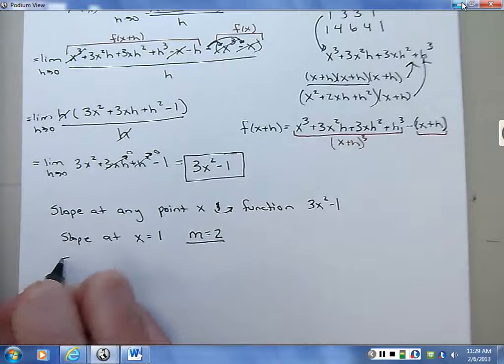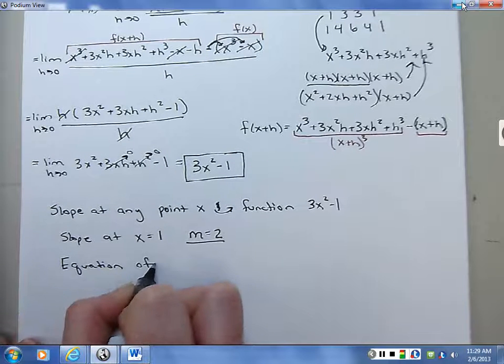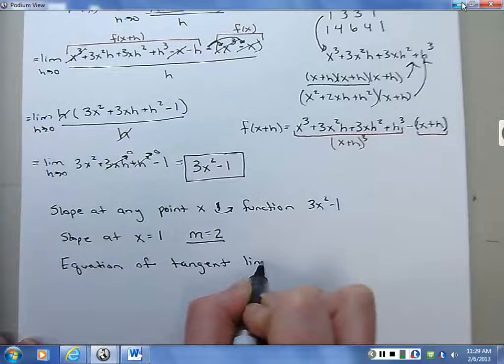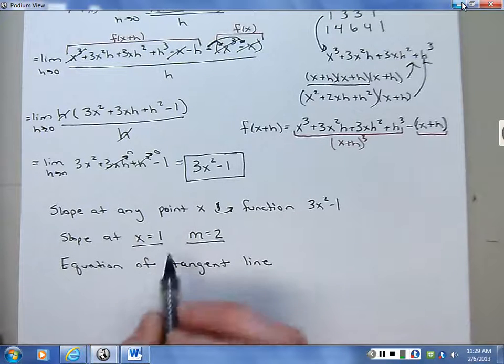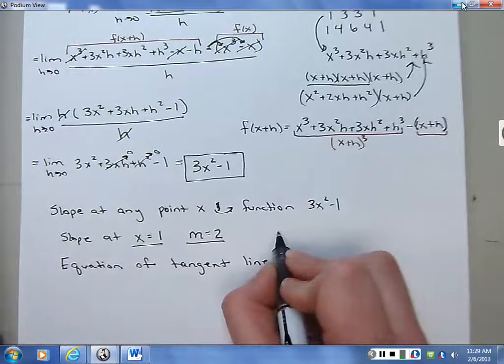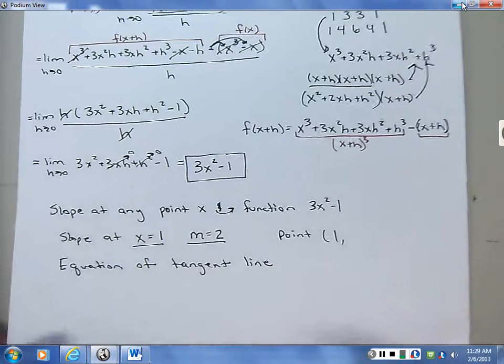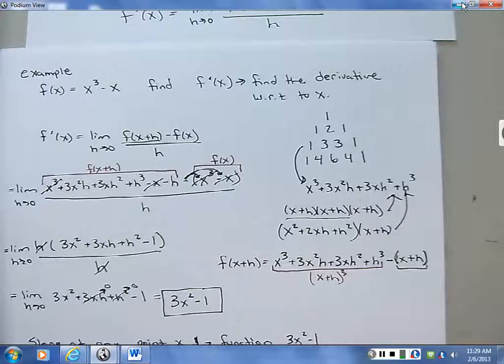So if I wanted the equation of the tangent line, I have the slope. So what would be my point at x equals 1? So slope is 2. My point would be 1 comma, what's my point? 1 comma 0.